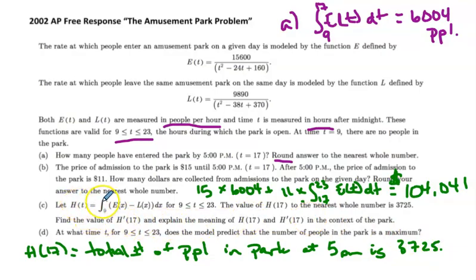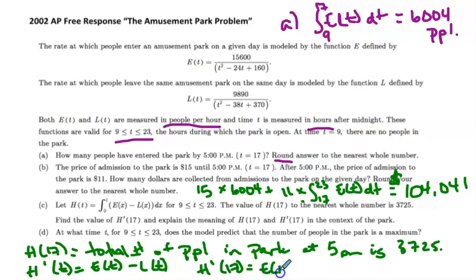Well, h prime, using the FTC part 2, h prime of t is just going to be E of t minus L of t. So h prime of 17 is going to be E of 17 minus L of 17.